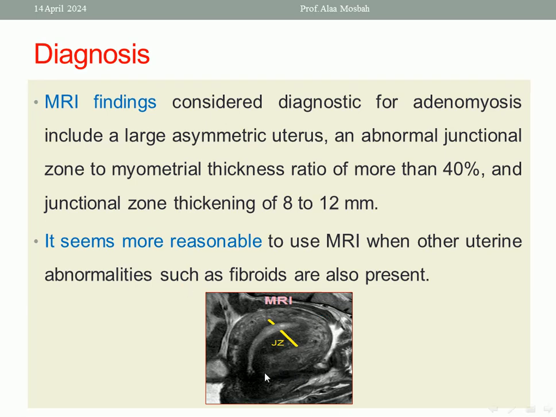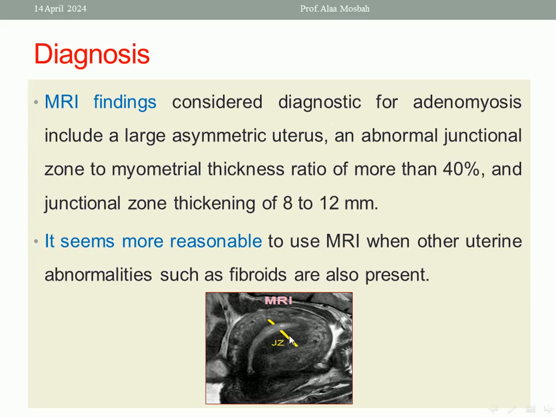This is a picture of MRI for a case with adenomyosis. The yellow line here measures the junctional zone. This is for the anterior wall, and this is for the posterior. As you see, of course, you can find the difference. The junctional zone here is above 8 millimeters.